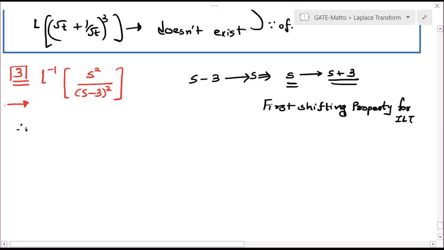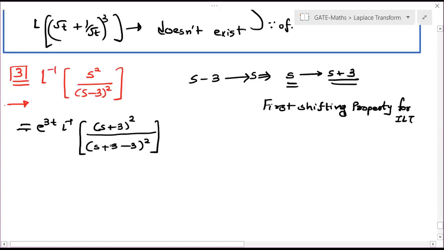Therefore, for the first shifting property, you have to multiply with e to the power 3t. So this will be e to the power 3t, Laplace inverse of, now I will transfer s to s plus 3: (s plus 3) whole square divided by (s plus 3 minus 3) whole square. Is it clear now? Plus 3 minus 3 will get cancelled out.